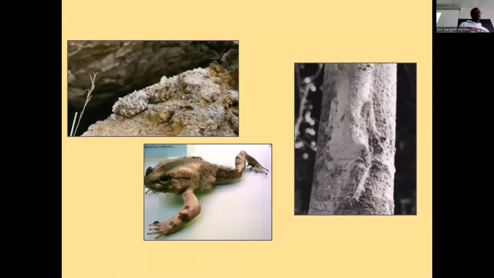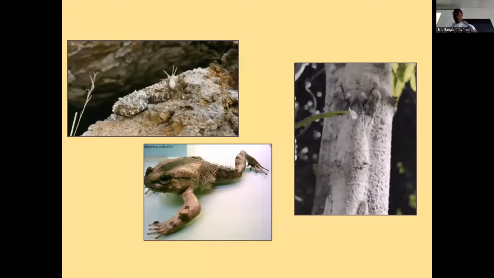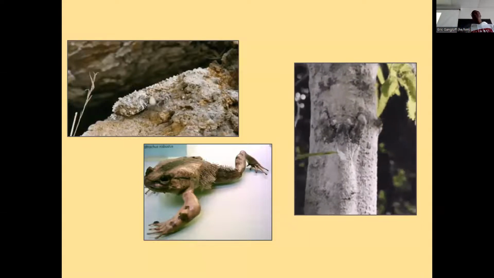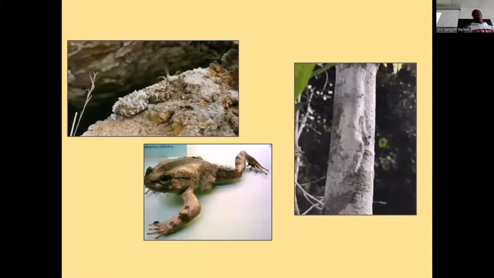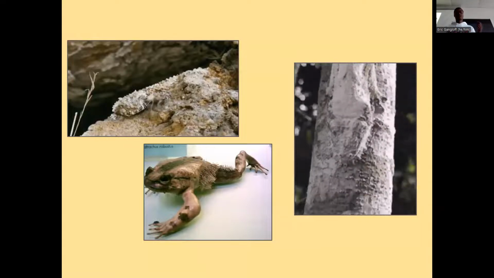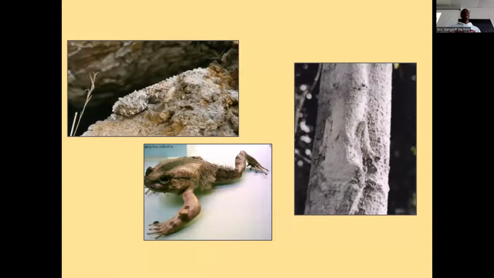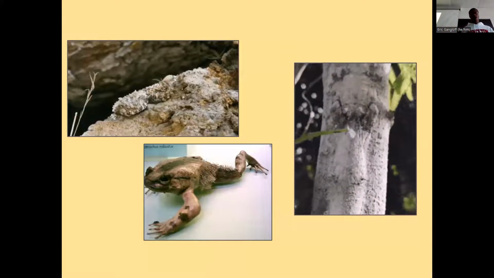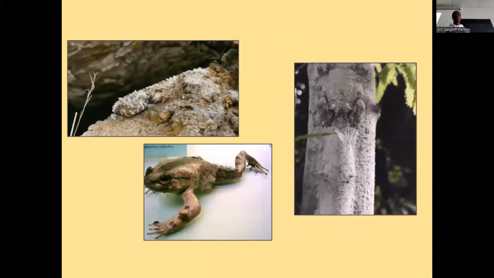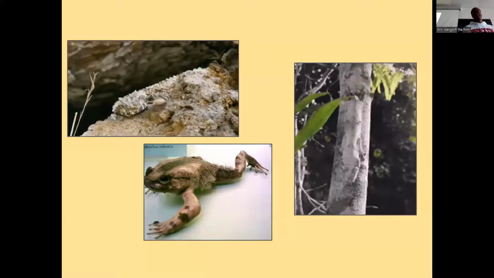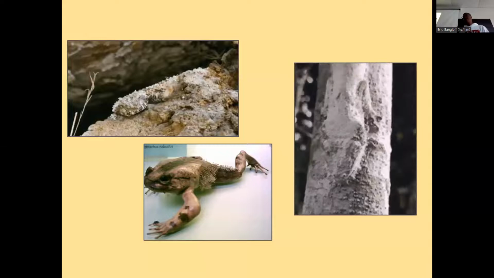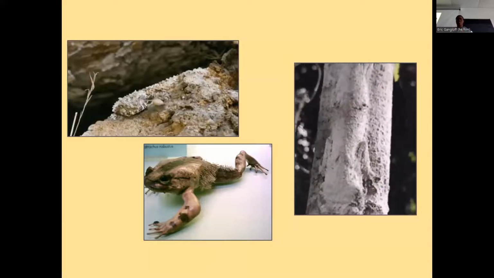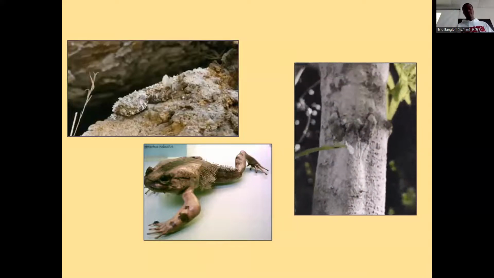And so these are just projections of the frog's skin, and it allows them to increase the surface area of their skin so that they can better absorb oxygen in the water. So these hairy frogs live in very high altitude bodies of water, and there's not a lot of oxygen there. So they would have to specialize their morphology to better be able to survive in this sort of extreme environment.